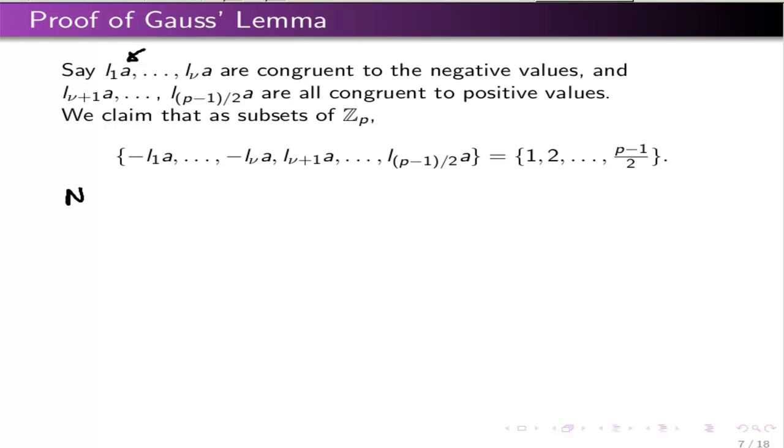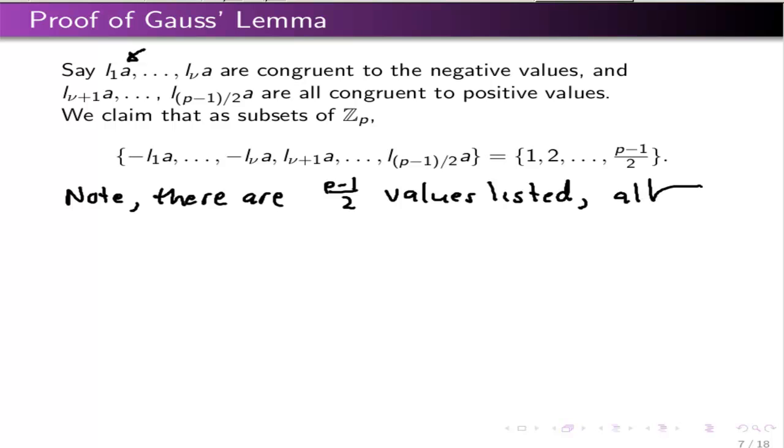So note, there are (P minus 1)/2 values listed, and they're all elements of the set 1, 2 through (P minus 1)/2. So we just have to show they're distinct.